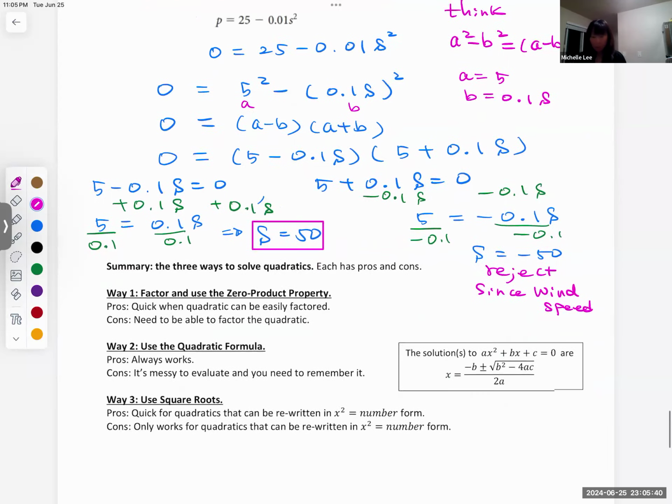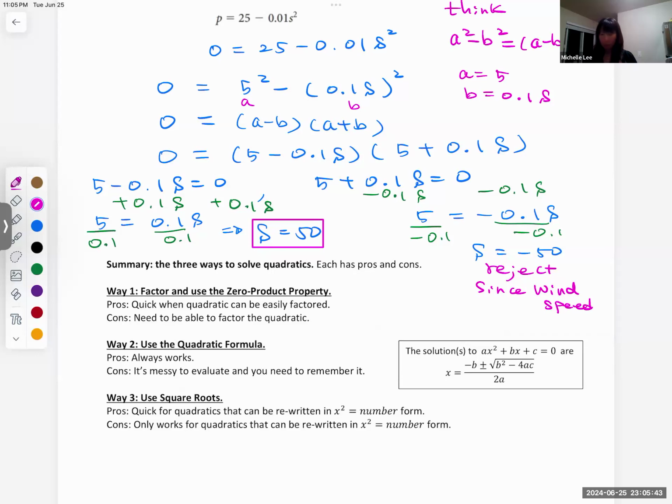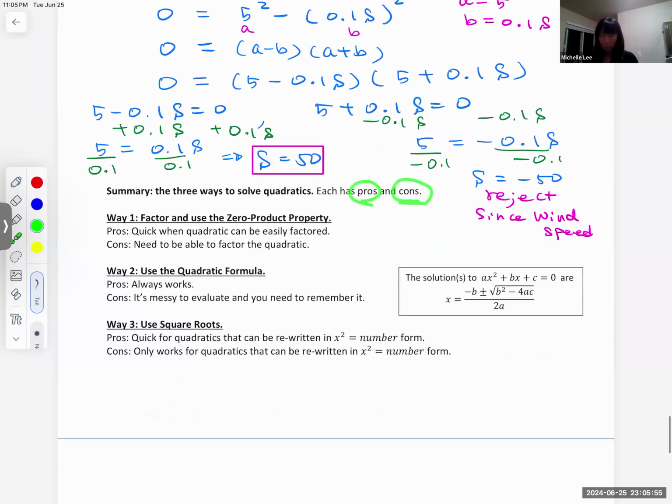Okay, so in summary, there are 3 ways we can solve the quadratic equation, and there are pros and cons. Way number 1, we did factoring and used the zero product property. This is quick if it is factorable, but sometimes it's hard to think of.